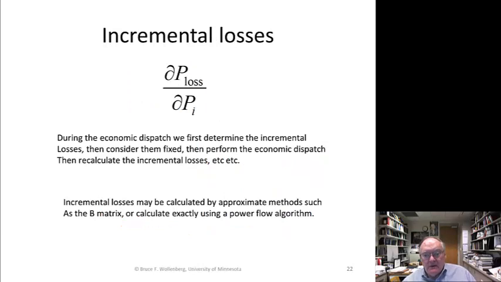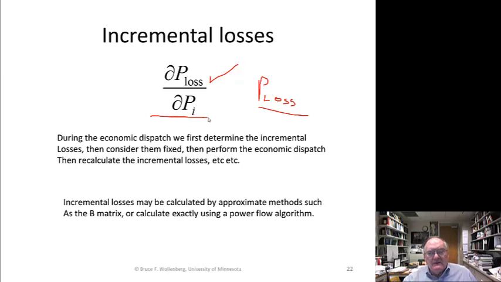We'll see later that the incremental losses and indeed the actual loss itself are calculated with a power flow program. We calculate the incremental losses and the losses on the network with a power flow program. The way to do it is you assume these are fixed after you've calculated them.